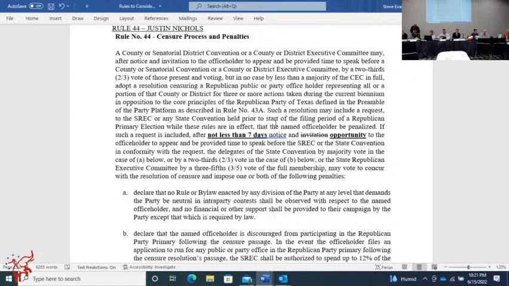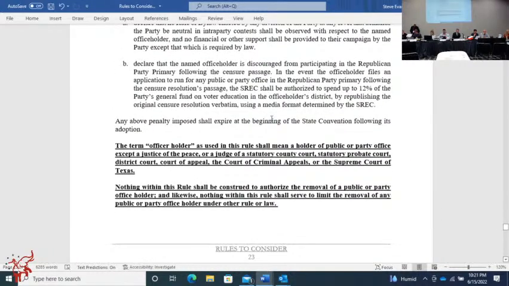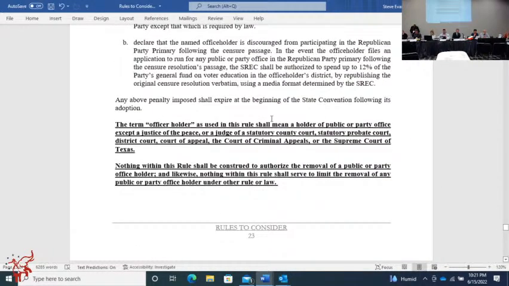The second part of the amendment is to define the term office holder as used in this rule to exclude basically any candidate or any office holder of judicial office. This comports with, I believe it was a portion of Rule 43 regarding the questionnaires that judicial candidates are exempt from having to do that, and there is a reason for it.